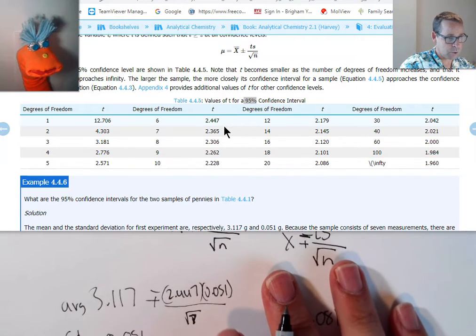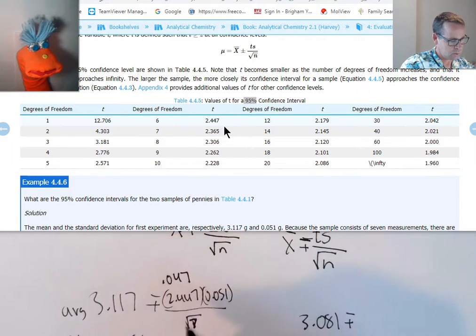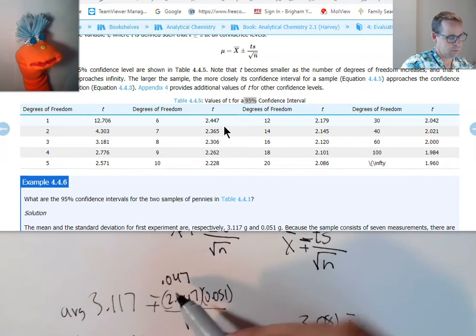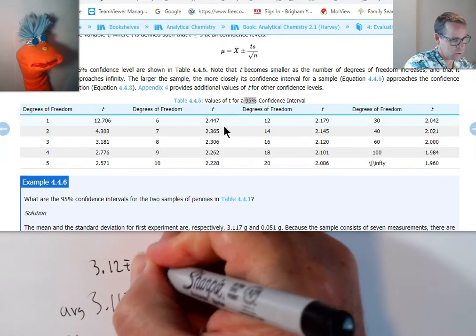So 3.117 plus or minus 0.047. All right, so how are we going to report this value? It's just going to be 3.12 plus or minus 0.05.